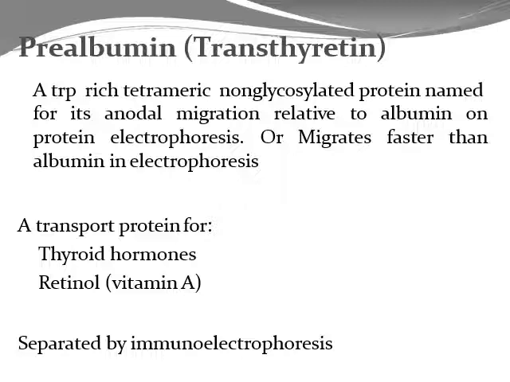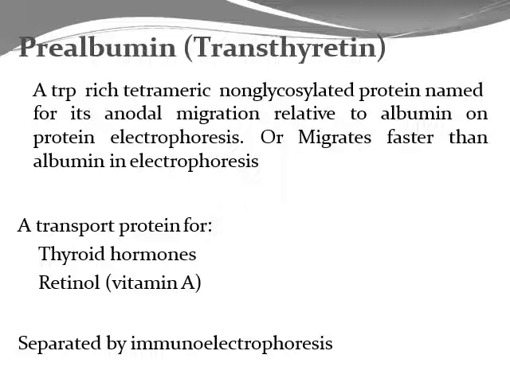So basically prealbumin is mainly made up of tryptophan, and it has negative charges, so this protein will migrate towards the anode compared to albumin, which has positive charges, and this also migrates faster compared to albumin in electrophoresis.